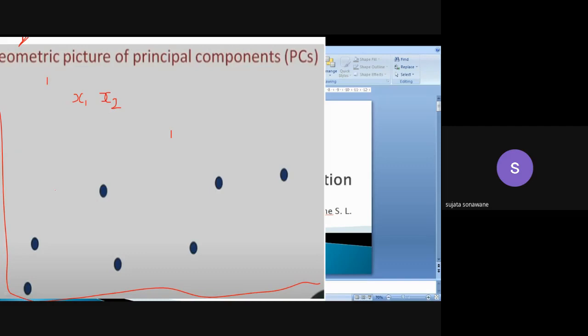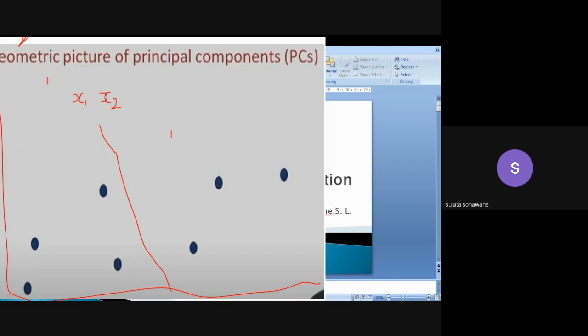Okay, now just consider that you have to draw an axis, where you will map all these points. Now this is a two-dimensional feature space, so consider that this is my axis, or we can say that this is our function.